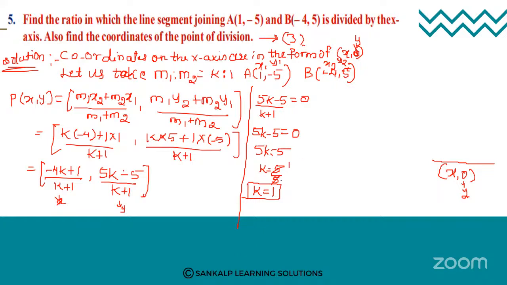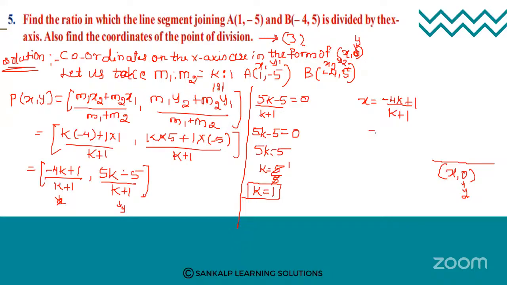Next, k value is 1, what is the meaning? This line AB is divided in the ratio 1:1. Why? We have taken m1 is to m2 as k is to 1. So we got the value of k, that is 1. So now the line AB is divided in the ratio 1:1. Now, here x is there, right? So let us substitute the k value. x is equal to (minus 4k plus 1) divided by (k plus 1).